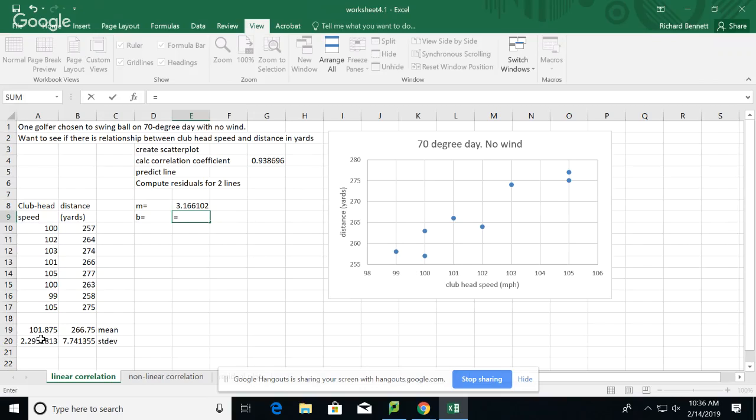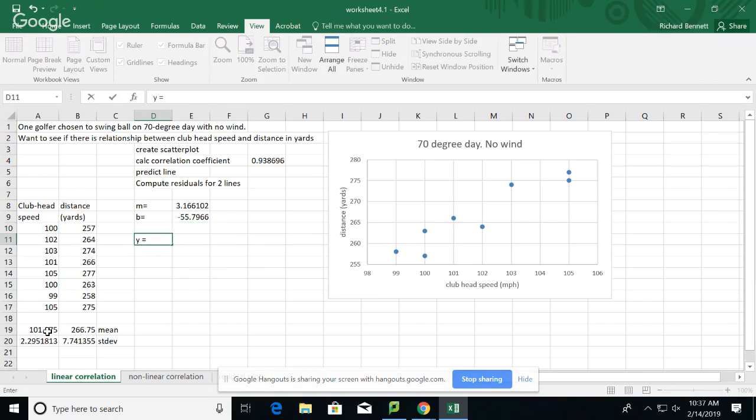Okay, the mean of the distance, which is 266.75, minus parenthesis, the slope that we just found, 3.16, times the mean of speed, which is 101.875. Okay, so I found my slope and my Y-intercept, and so therefore, Landon, what's the equation?